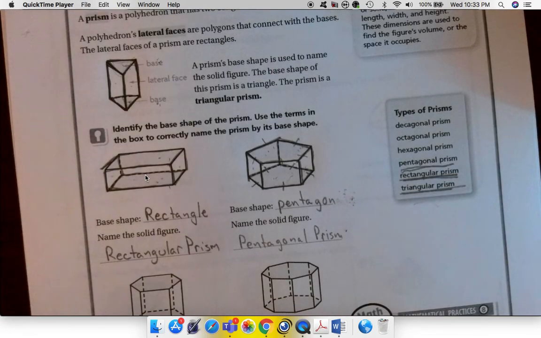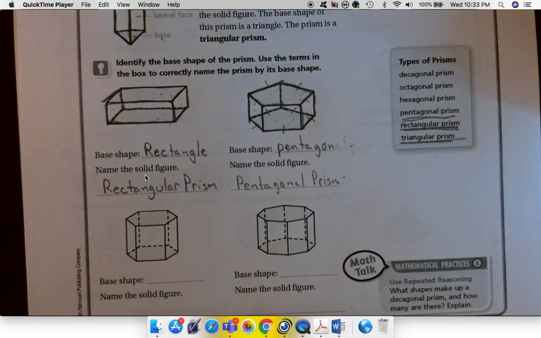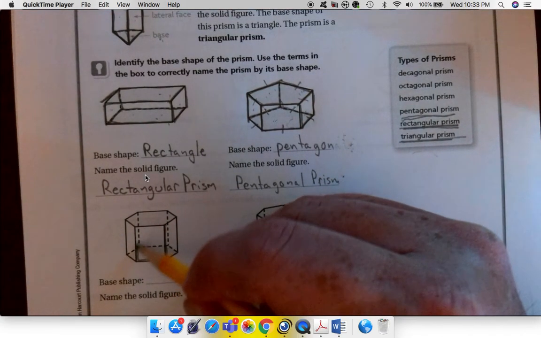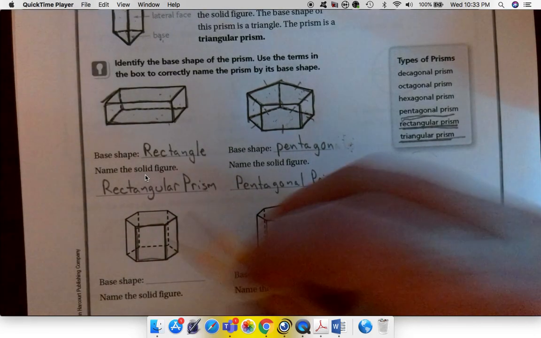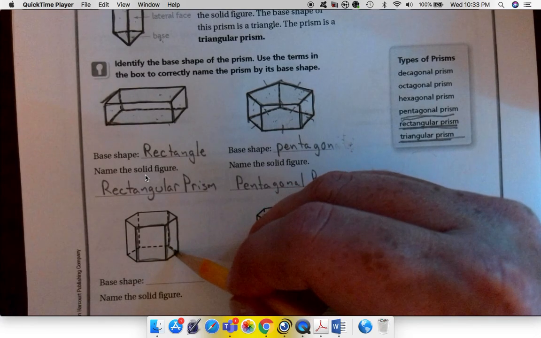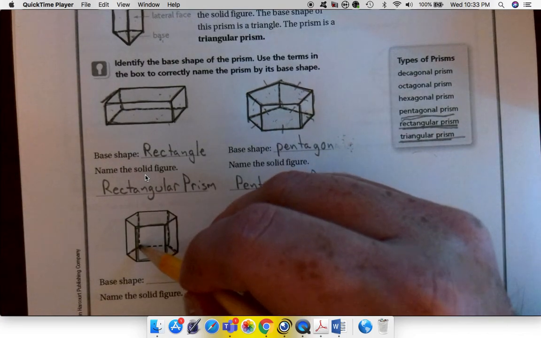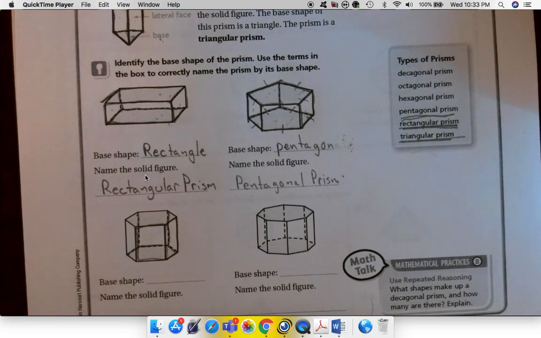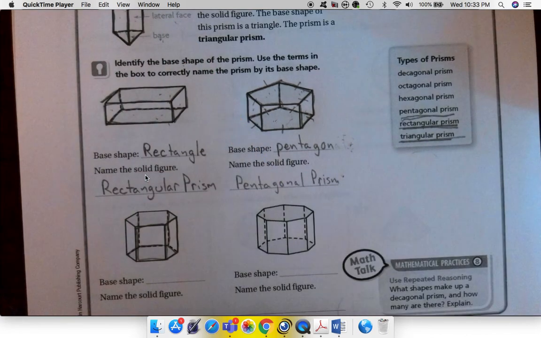All right, going on to my last two. Look at your lateral faces. A lot of rectangles. Just so you know that these dotted lines, whenever you see them, they're supposed to be invisible, which means if you had this shape in front of you, you wouldn't be able to see it, but the math book shows it with dotted lines. My lateral faces are rectangles, so I know it's a prism.